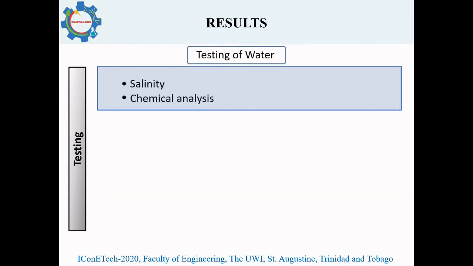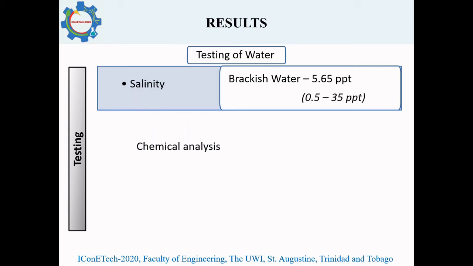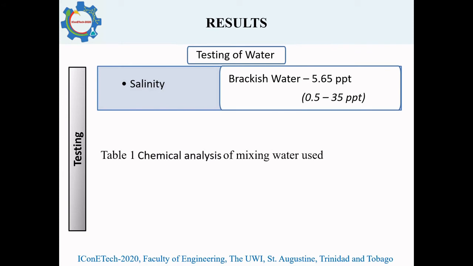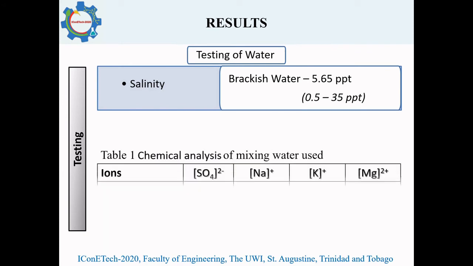Salinity tests showed that the brackish water had a salinity of 5.65 parts per trillion, which falls within the acceptable range of 0.5 to 35 parts per trillion for brackish water. Table 1 shows the breakdown of the chemical analyses performed on the freshwater and brackish water.